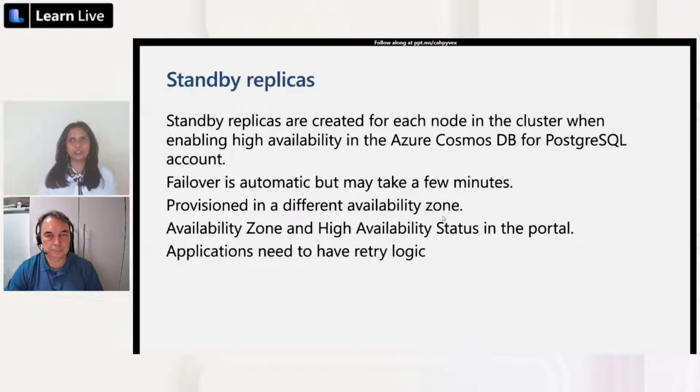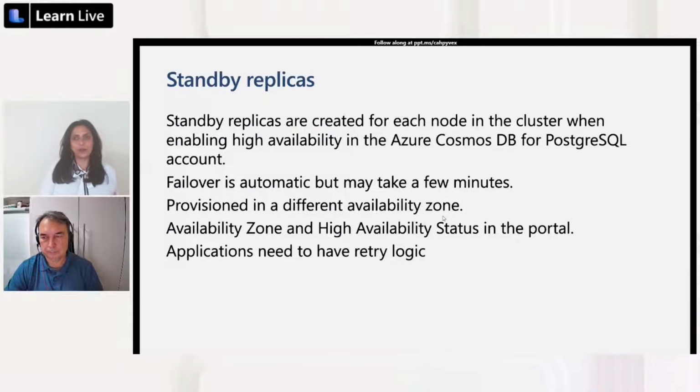So that's because there will be a little downtime when you're trying to promote and make the standby your primary cluster. So in that moment where it's promoting it to the primary cluster, that's where you're going to have a few glitches, right?